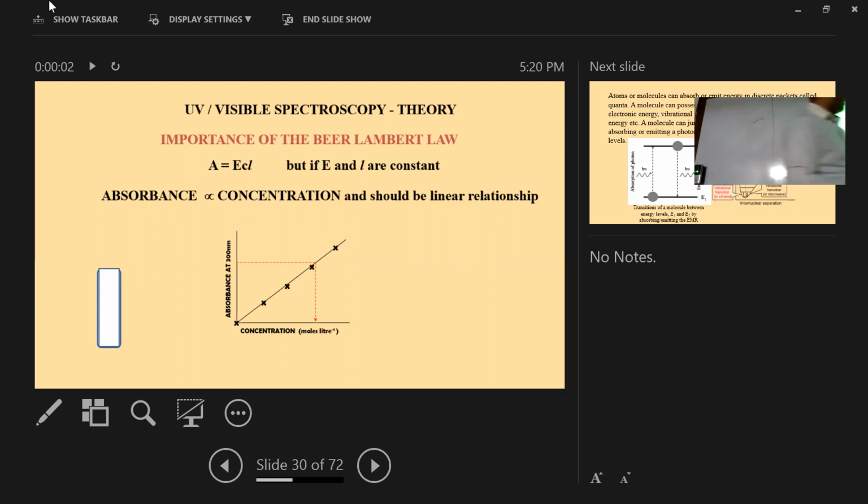By plotting this way, if we have an unknown sample, we can read its absorbance, which can even be larger. That is also possible. But when you are doing the experiment, try to keep your standard sample range in this region, so that your unknown sample does not go beyond the standard curve.